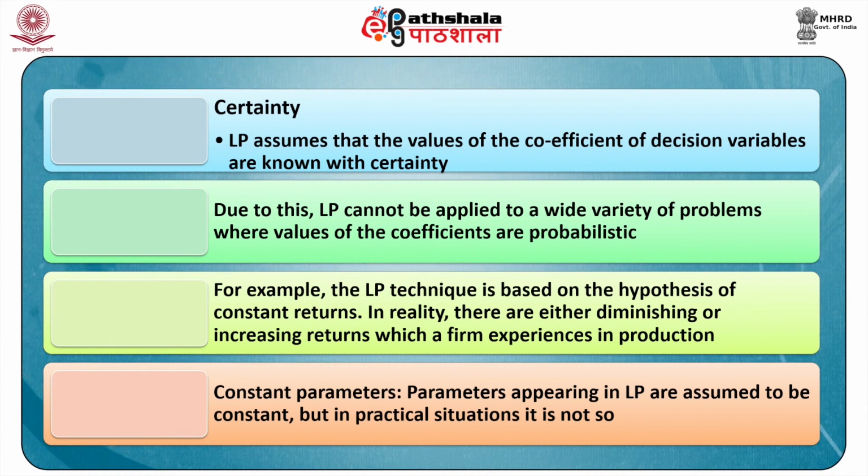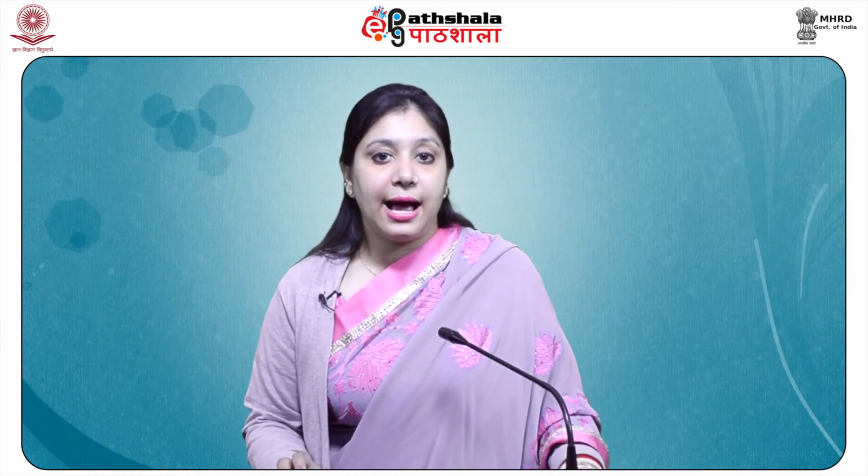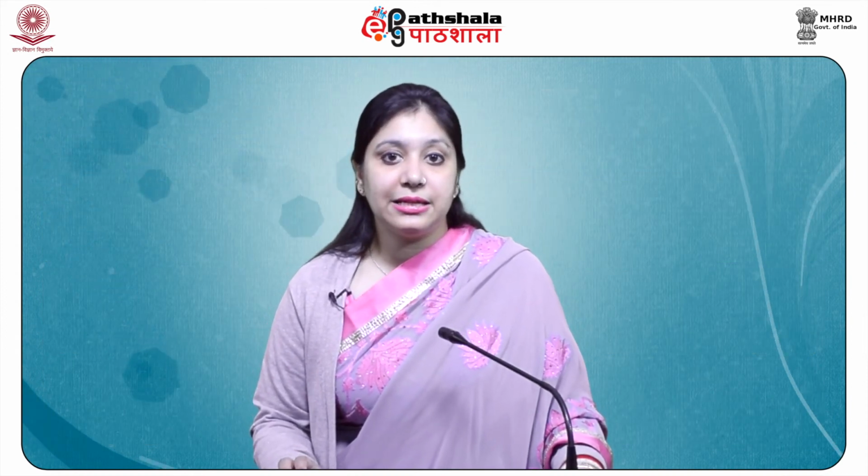In reality, there are either diminishing or increasing returns, which a firm experiences in production. Eighth, constant parameters. Parameters appearing in linear programming are assumed to be constant, but in practical situations it is not so. Ninth, it is a highly mathematical and complicated technique.